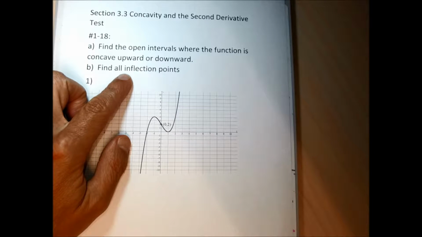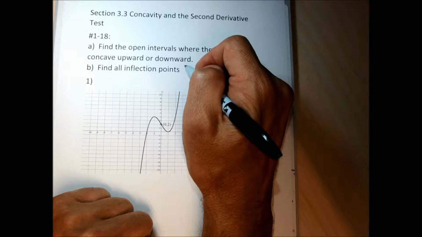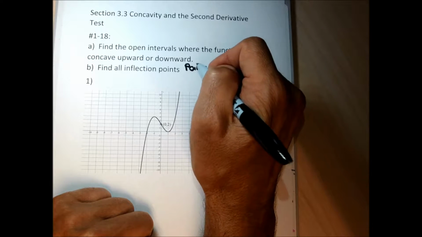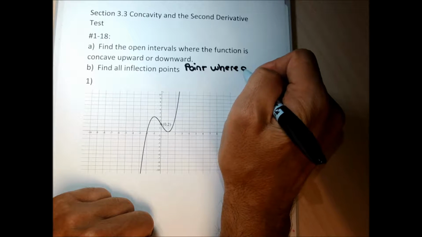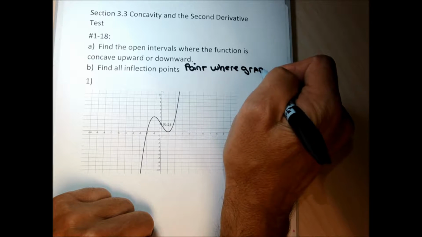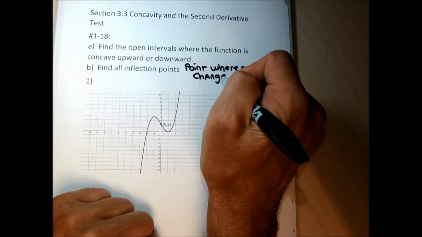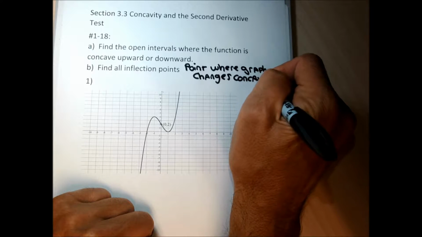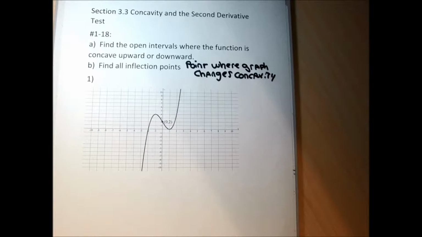An inflection point is a point where a graph changes concavity. So it's a point, so it has both an x and a y coordinate where the graph changes concavity. And in most of the graphs between 1 and 18, if not all of the graphs, I have the inflection point labeled, and I don't label anything other than the inflection point.